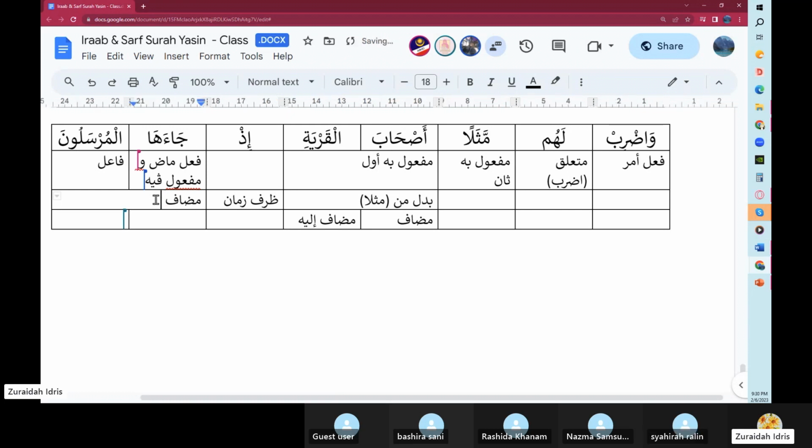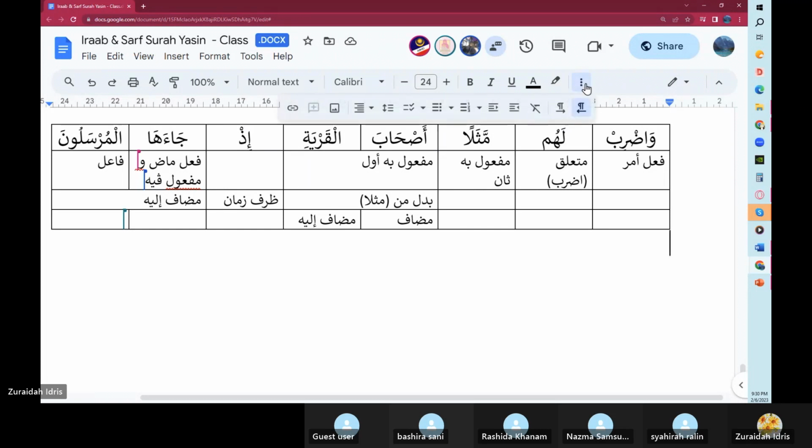Mudaf ilayh. Yep. Would you like to try translating it, Sister Rashida? Wadrib lahum masalan. You can let me know whether you want to translate it as maf'ul or as badal. It's okay with me.